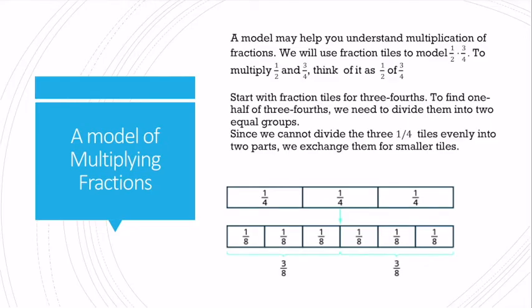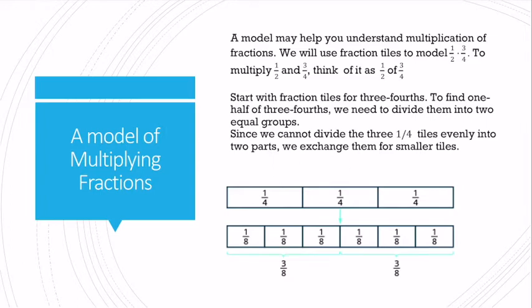So here's a representative model that might help you better understand why, when you are multiplying fractions, you multiply the numerators and multiply the denominators. Let's look at this fraction tiles model. So I have 1/2 times 3/4. When I take 1/2 times 3/4, what I really want is 1/2 of 3/4.